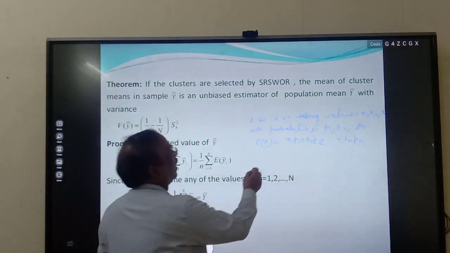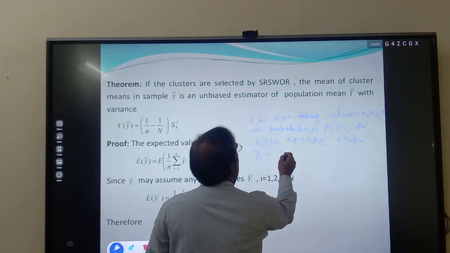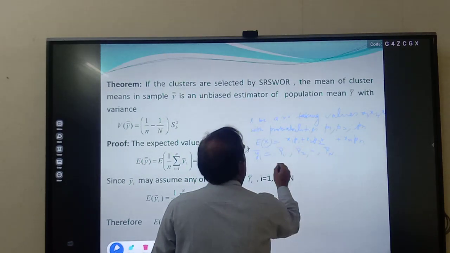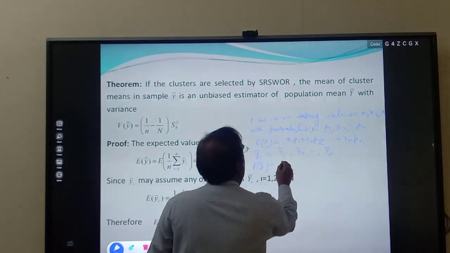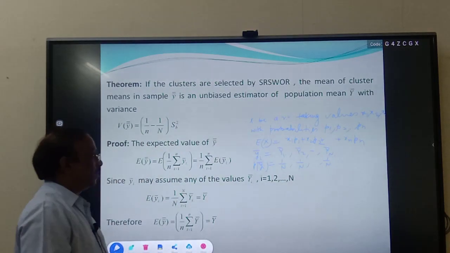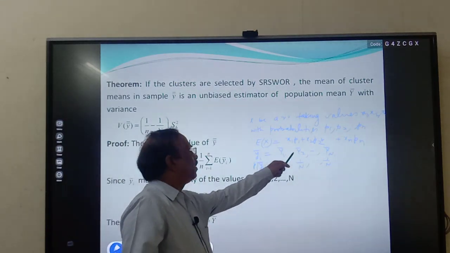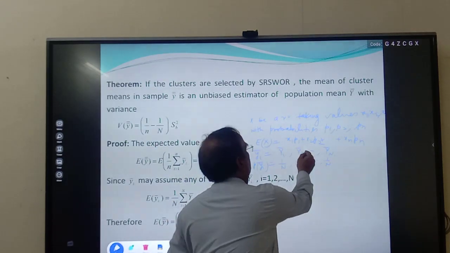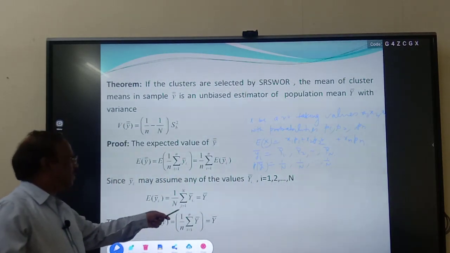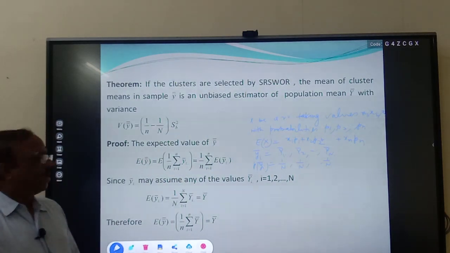In the present case, this yi dot bar assumes values Y1 dot bar, Y2 dot bar, up to YN dot bar with probabilities 1 by N, 1 by N, 1 by N. So the expected value of yi dot bar will be equal to Y1 dot bar by N plus Y2 dot bar by N, and so on, YN dot bar by N. This can be written as 1 by N, sum i goes from 1 to N, Yi dot bar, which is exactly equal to capital Y bar we have already defined.